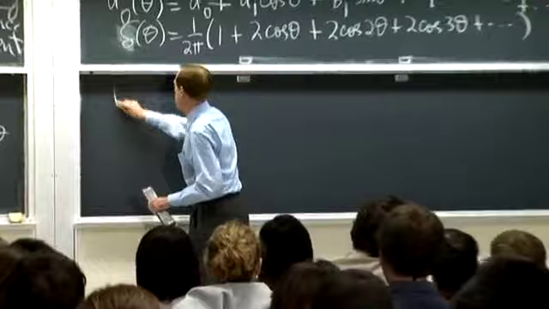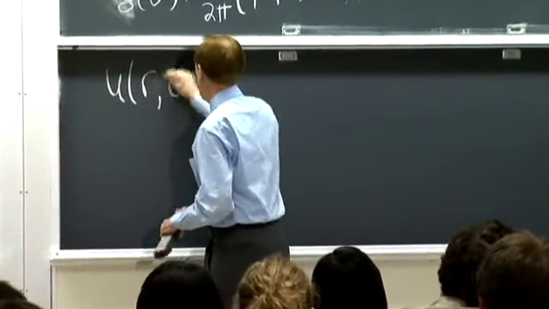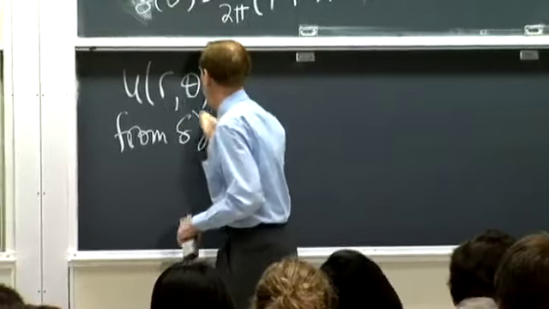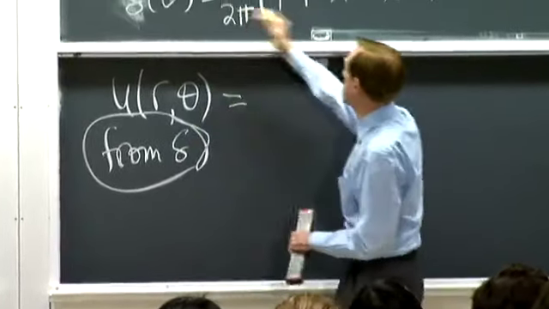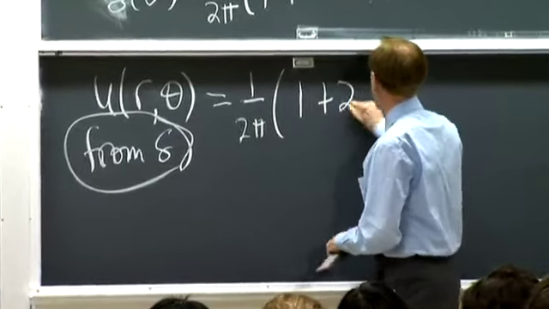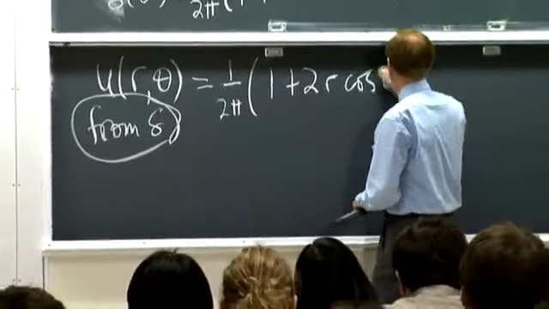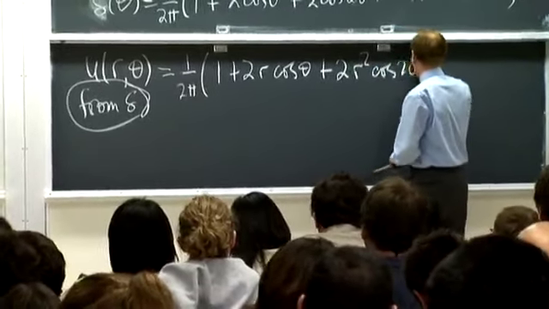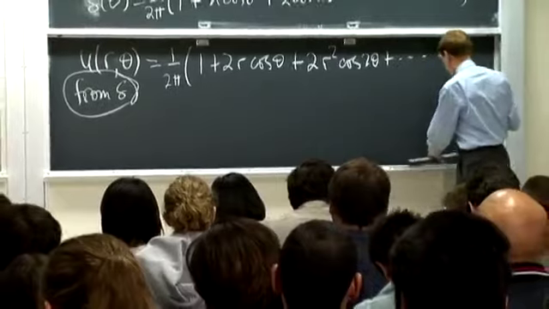the u of r and theta from the delta function is just put in the r's: 1 plus 2r cos theta and 2r squared cos 2 theta and so on.